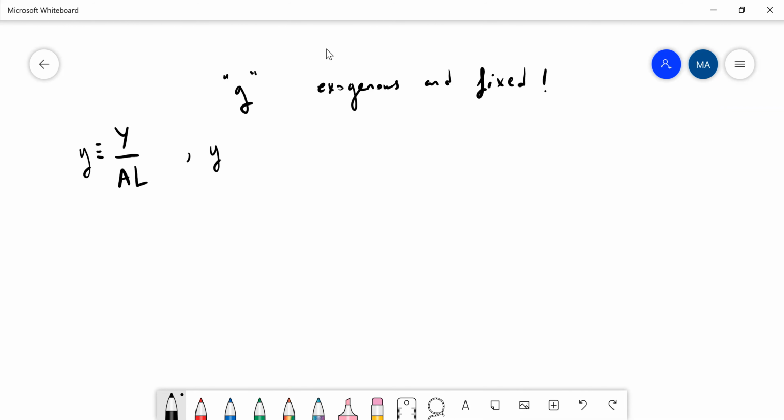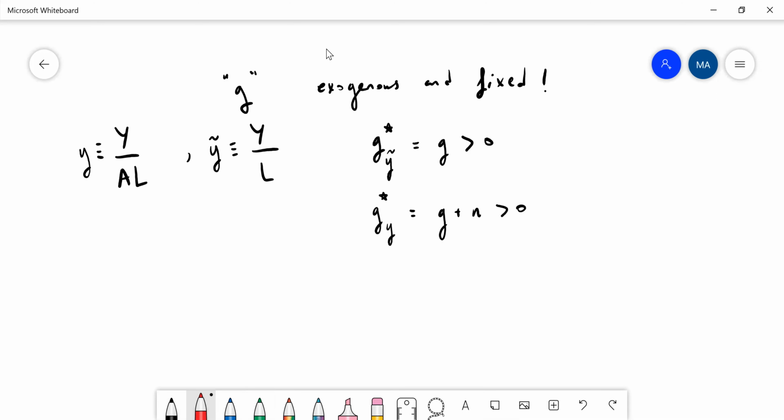GDP per capita or GDP per worker was Y divided by L. In the long run, the growth rate of Y tilde in some steady state is G, and the growth rate of Y is G plus N. So we want to understand this.